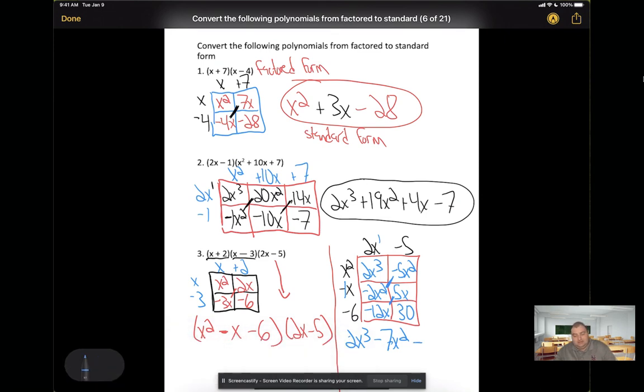That's going to be a negative 7x, right? Negative 12 and positive 5 becomes negative 7, and then plus 30. So put together, I have 2x cubed minus 7x squared minus 7x plus 30. That is it for number 3, and that is it for this lesson.